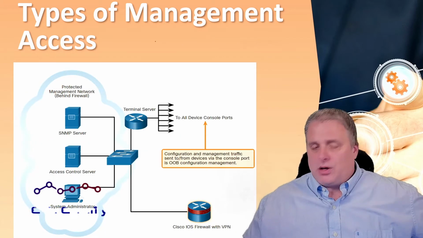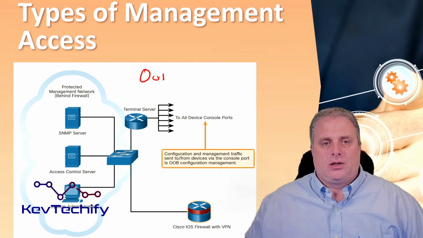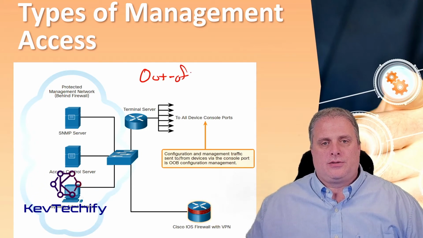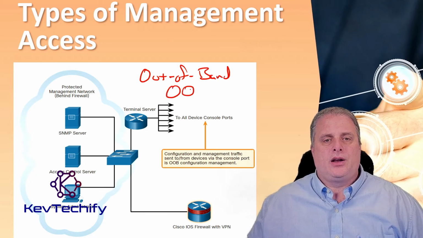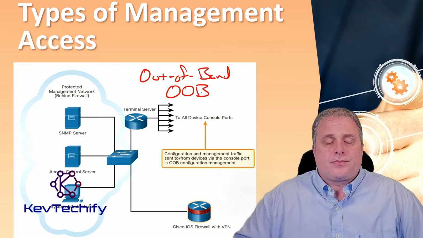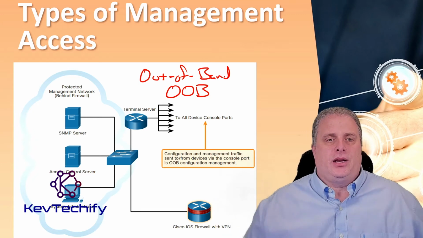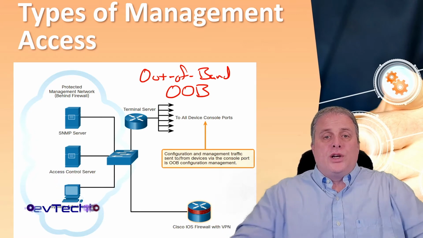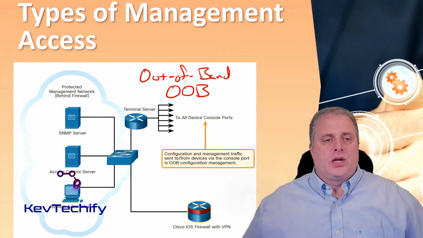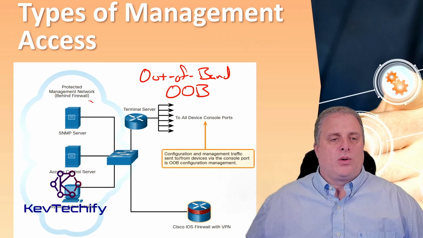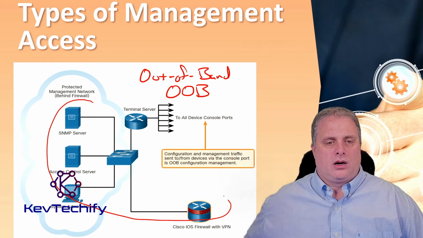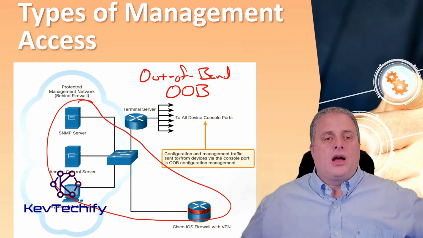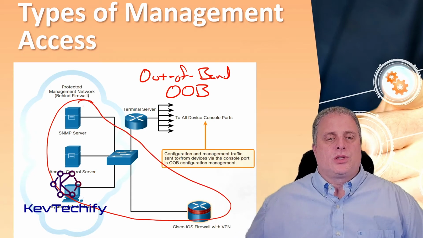Now, this is called out of band. Sometimes people abbreviate it as OOB. Out of band here is information flows on a dedicated management network on which no production traffic goes. So we have your dedicated network here, and none of this logging traffic goes across here.